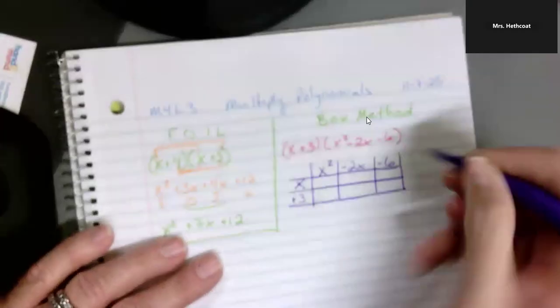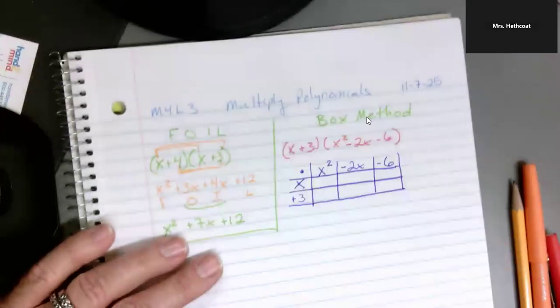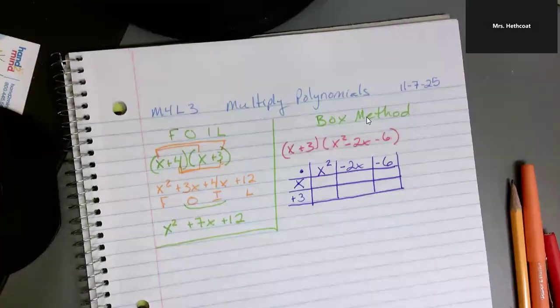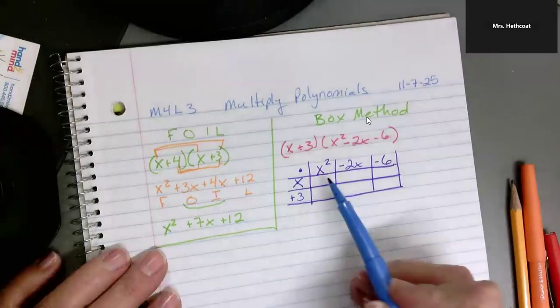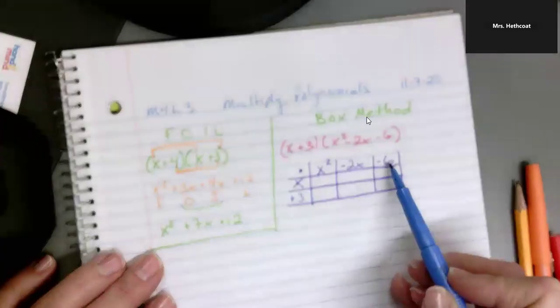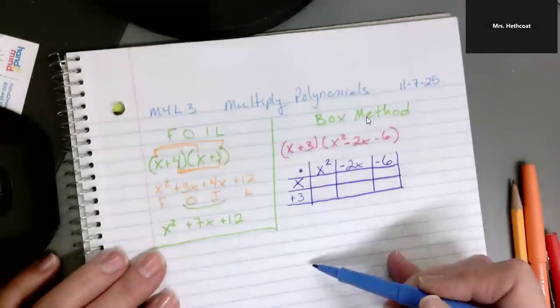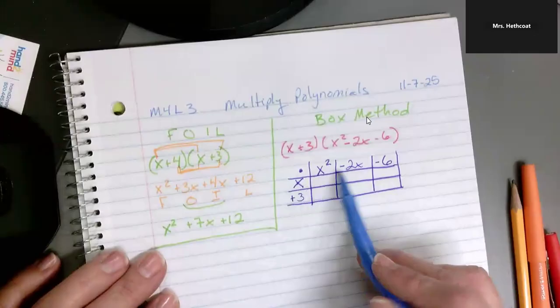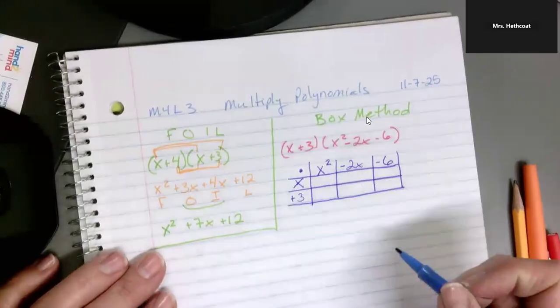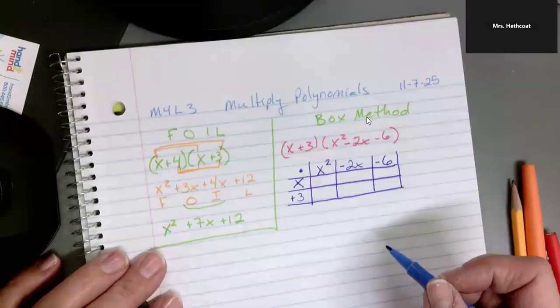And I put a little multiplication dot in the corner to remind myself that I'm multiplying. Now, if you're already mad because you wanted to write the second polynomial down the side and do just the binomial on the top, that's totally fine. You will get the same exact answer. It doesn't matter one bit.